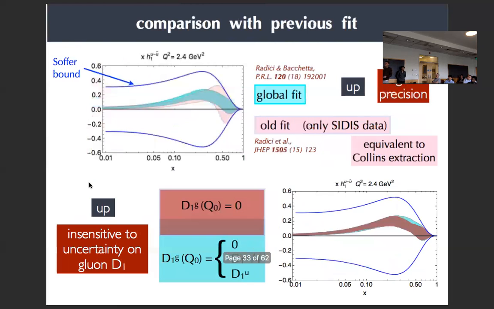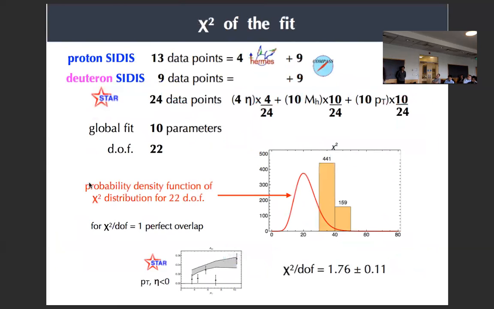Well, I think that is probably due to the fact that the tension is there, and it is mostly, as I said, mostly due to the PT distribution from STAR at forward rapidities. But I guess it mostly has to do with the fact that our theoretical description is still preliminary and not very sophisticated.